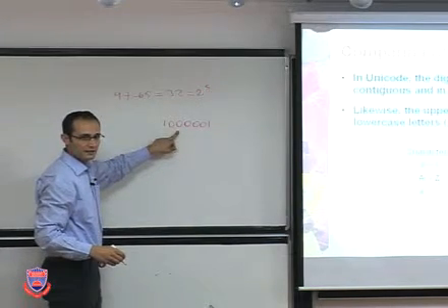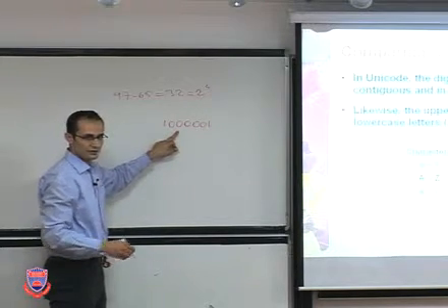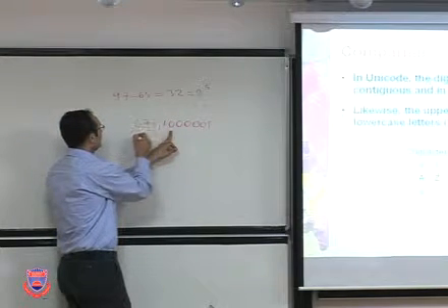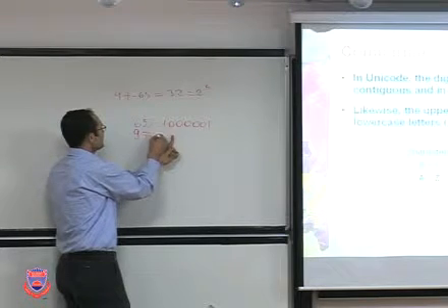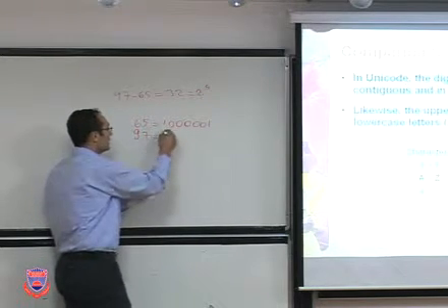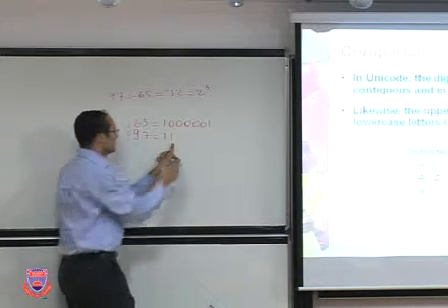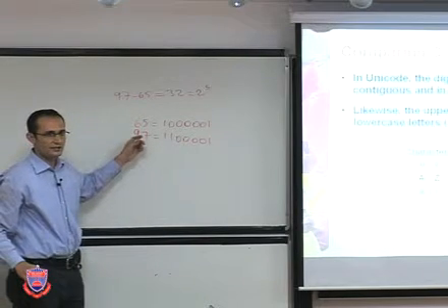To represent 97, what do I need to do? I need to add 32, which is this bit, right? So I have 64 plus 32, 96, and then I have 97. So what do you see?